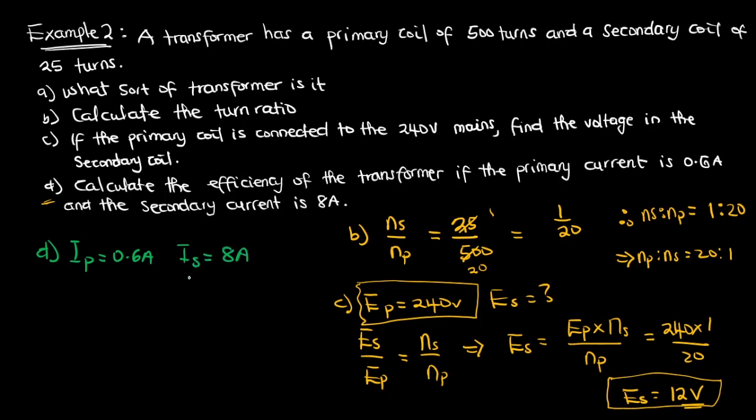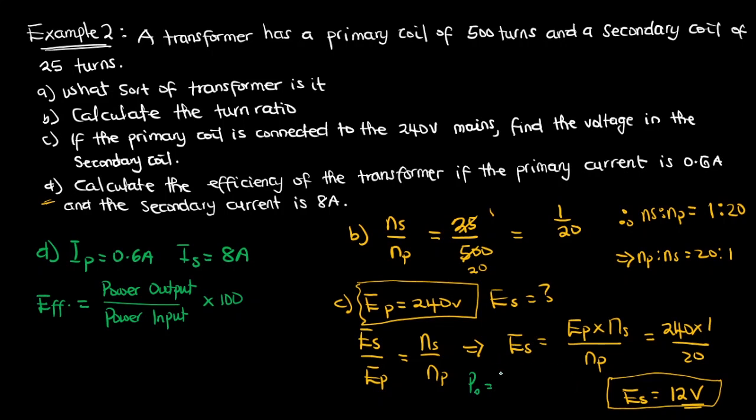Now the efficiency of a transformer is equal to power output over power input, multiplied by 100. Now for power output, which is PO, it means the power in the secondary coil.